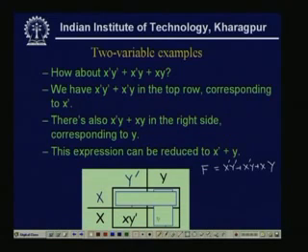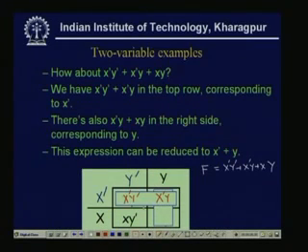Now, what are the terms in the map? We have x dash y dash plus x dash y in the top row corresponding to x dash. So, this is my x dash y dash, this is my x dash y, and another term remains, that is xy.